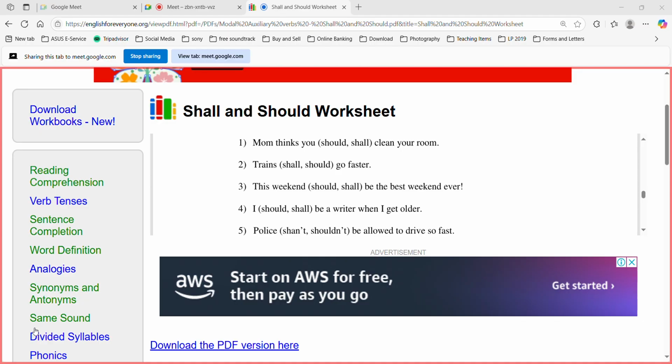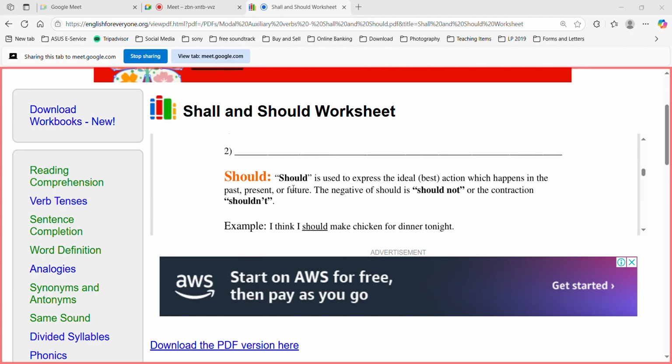Alright. Number two, trains should or shall go faster. Should or shall? If should expresses the ideal, the best action.